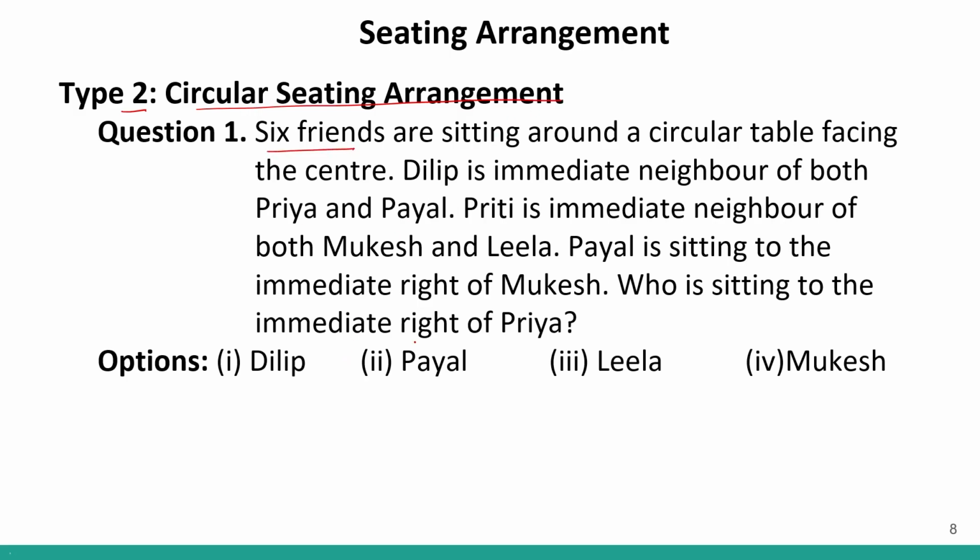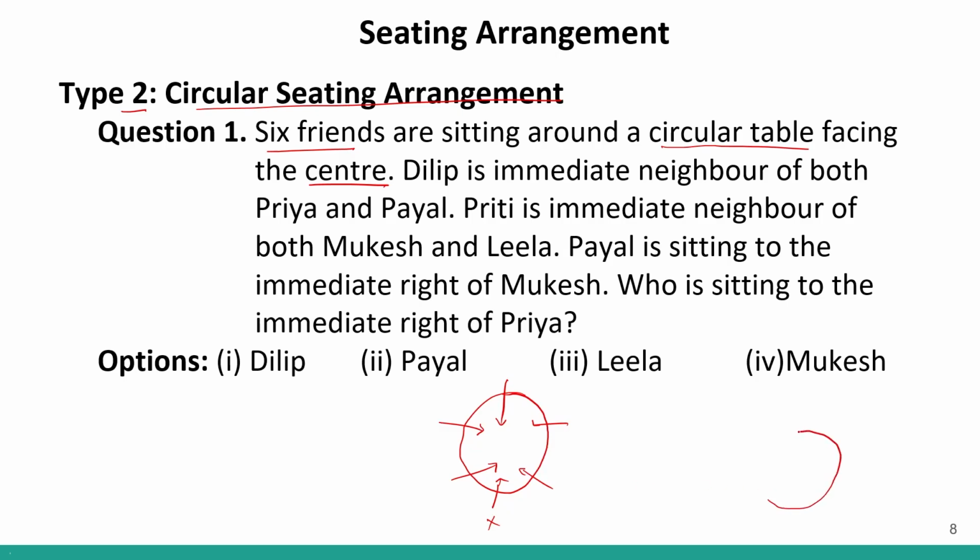Now there are 6 friends. So this is my circle, let's say. 6 friends mean 1, 2, 3, 4, 5, 6 positions. They are sitting around a circular table facing the center. So everybody is facing towards the center. If I am a person over here at X, what would be the direction of the right?